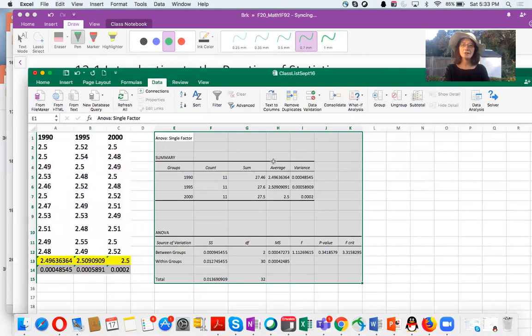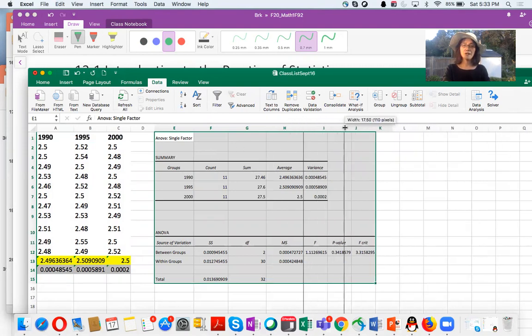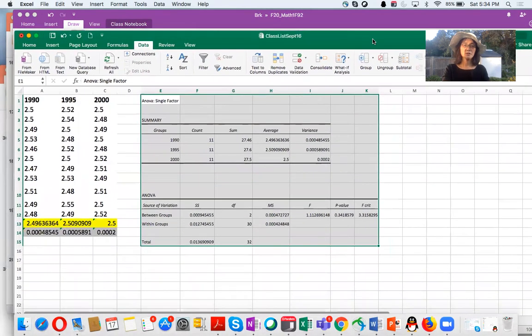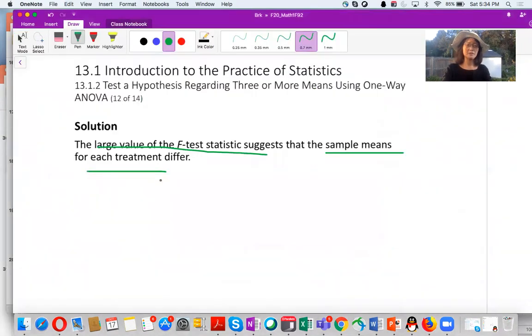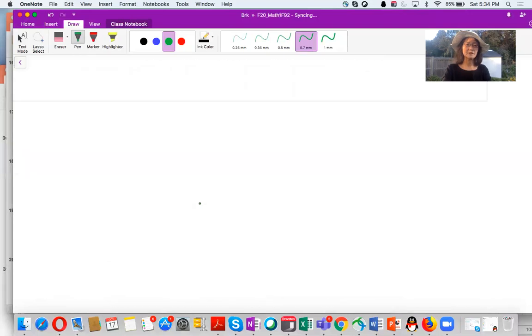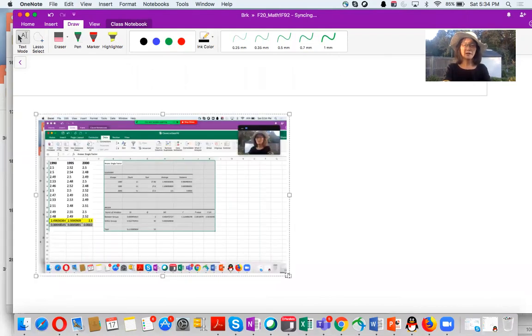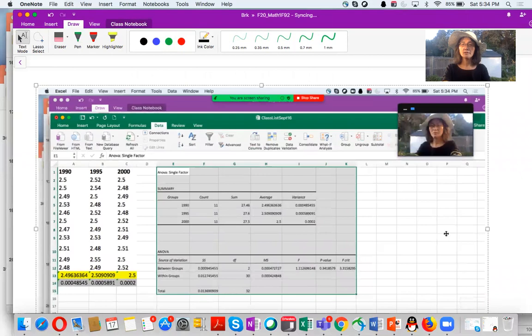So this is my ANOVA summary table. Now I'm going to analyze this one because I want to make annotations, so I'm going to copy this into OneNote, somewhere here, so that I can make annotations.